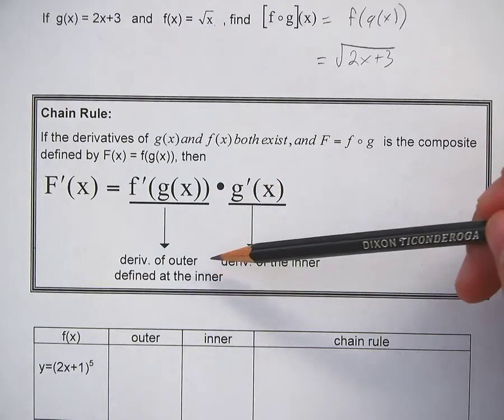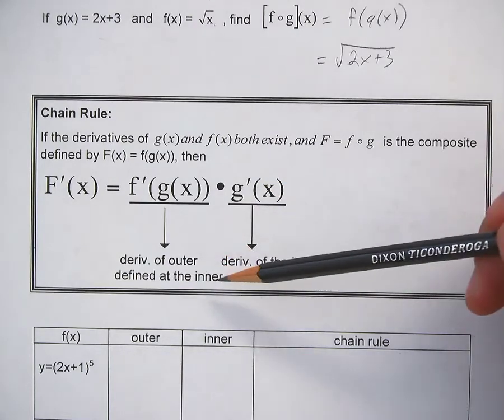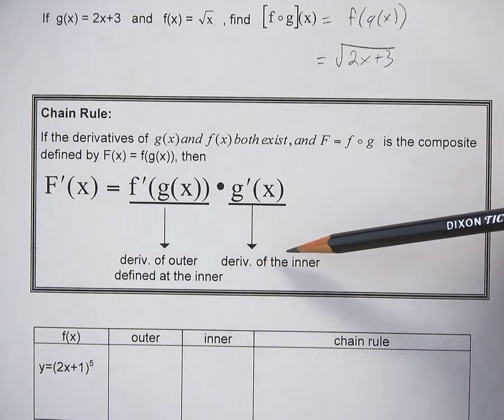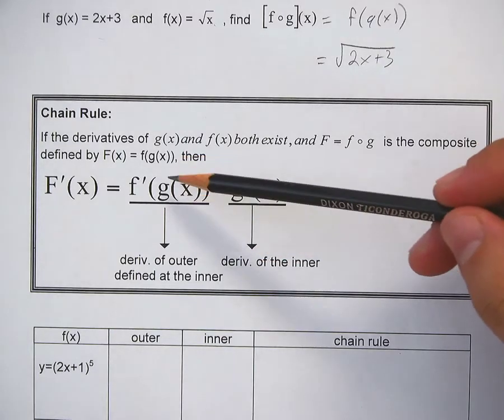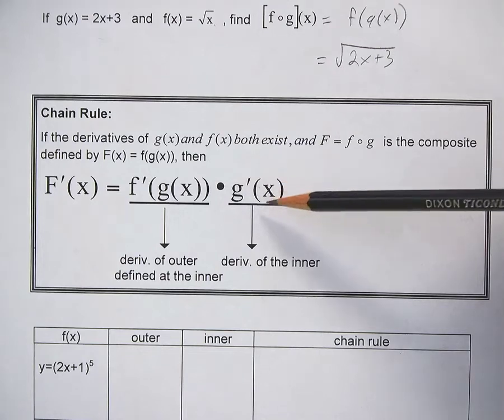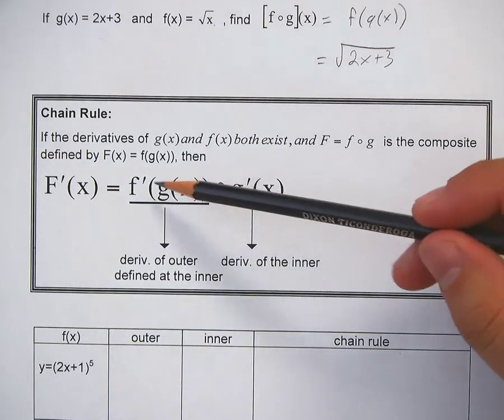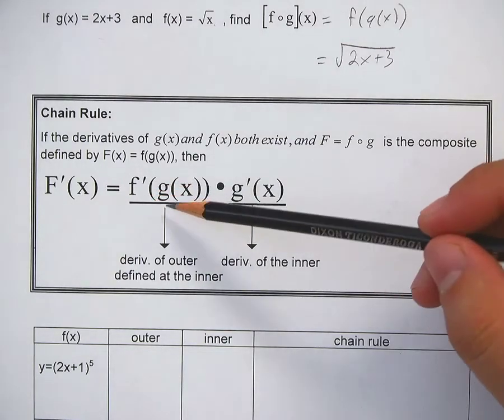So it's the derivative of the outer defined at the inner, times the derivative of the inner. Okay? So it's derivative of the outside times the derivative of the inside. Now when we do the derivative of the outside, the inside stays the same.